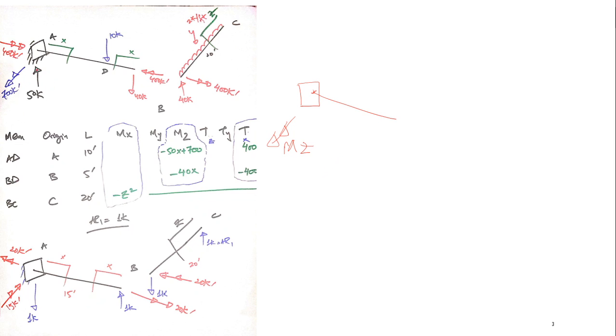So moment here would be equal to Mz plus 10. The distance here is 10 feet and this distance is 5 feet. So 10 into 10 and 40 into 15. So it comes out to be Mz plus 700 kip foot.